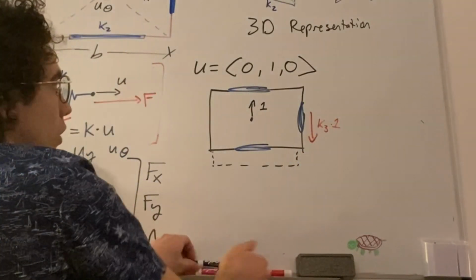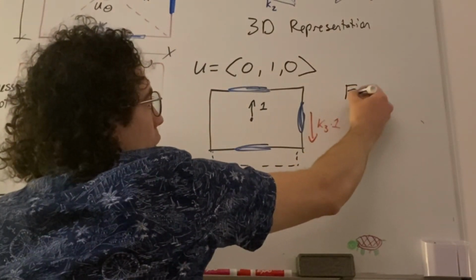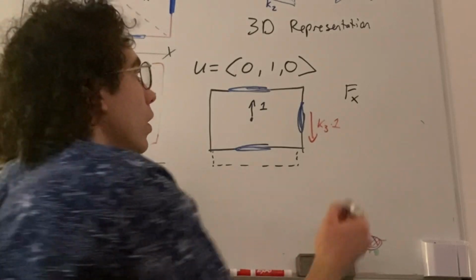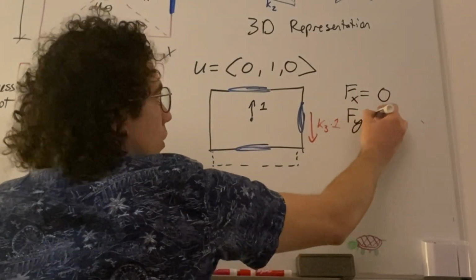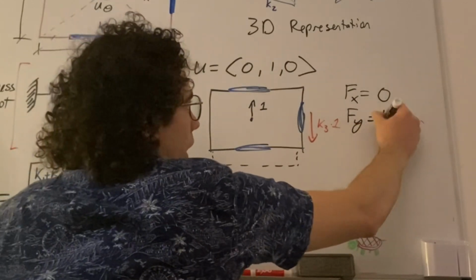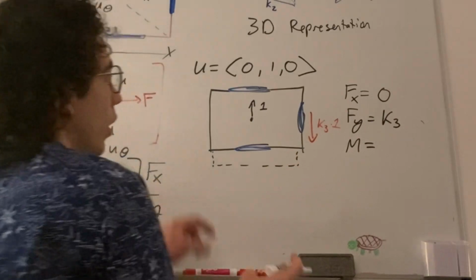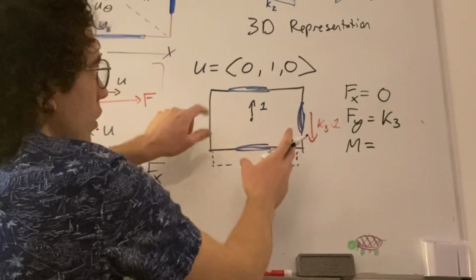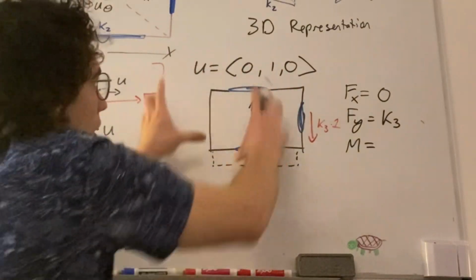So the resulting forces that you need to push on the building to have this displacement: Fx is 0, Fy is just K3. And then the moment you'd have to apply, well, because when you're pushing it, it's going to be resisting there, so it's going to want to twist this way.